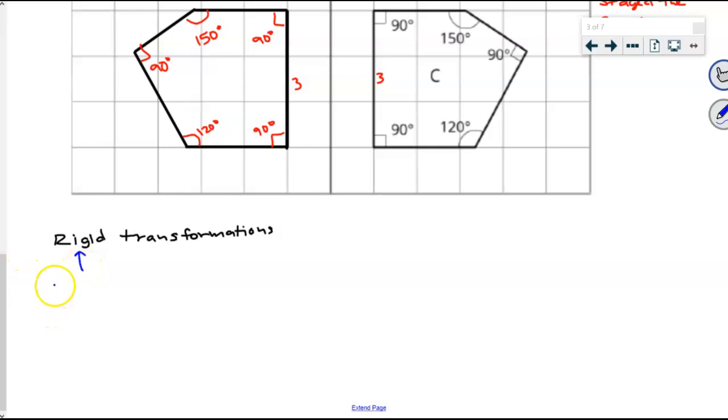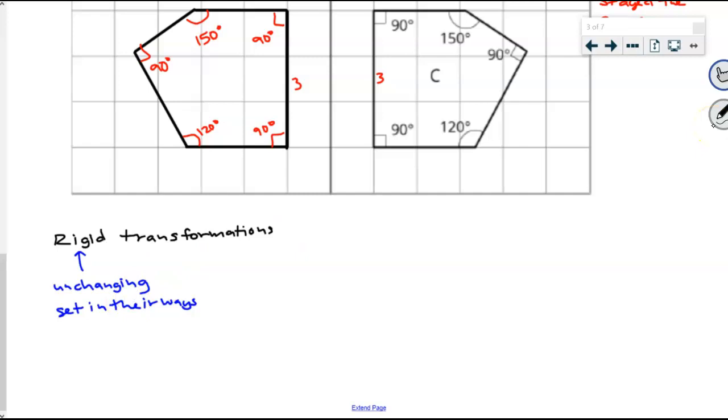Rigid means unchanging. Someone who is rigid might be set in their ways. So these are transformations. They're changes to these polygons or to these shapes, but even though there's changes, they're ones that are unchanging or staying the same.